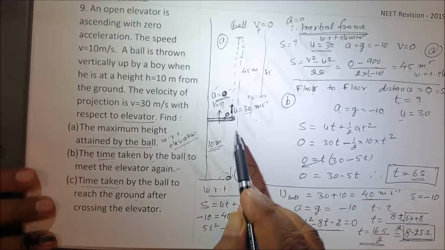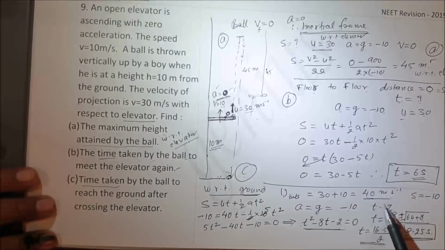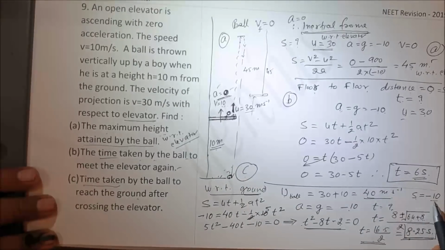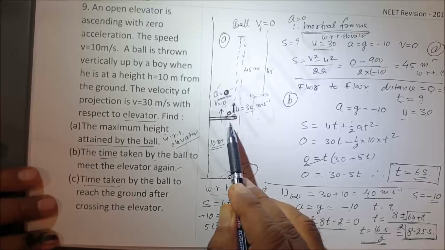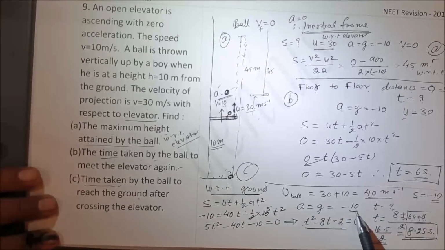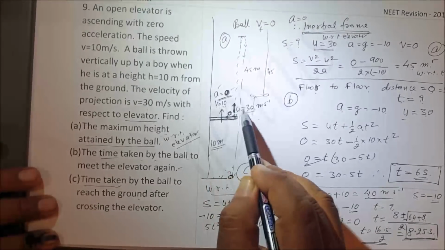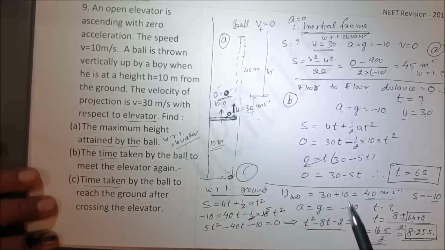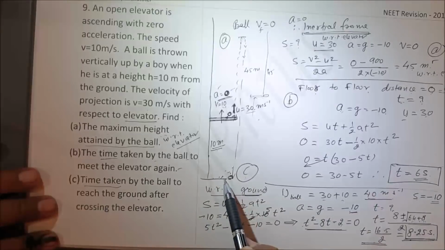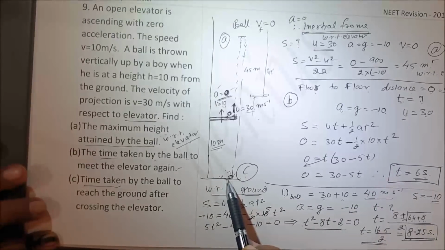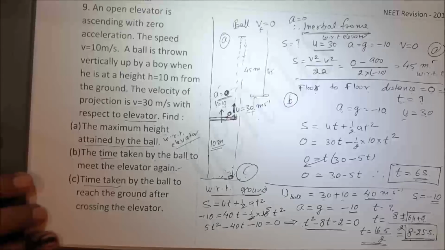What was the distance? 10. What was the acceleration? Minus 10. And initial velocity we have taken with respect to ground, 40. So in this way we solve for the timing for coming to the ground. So this is how we have solved all these three.